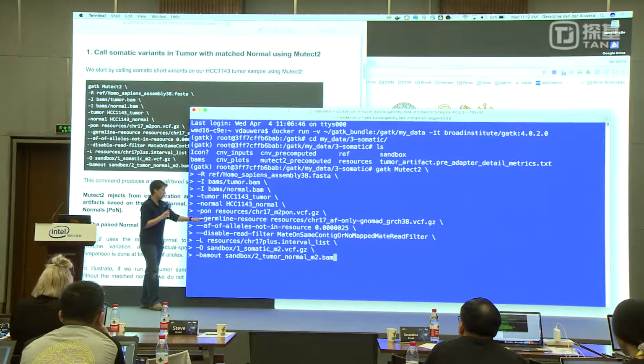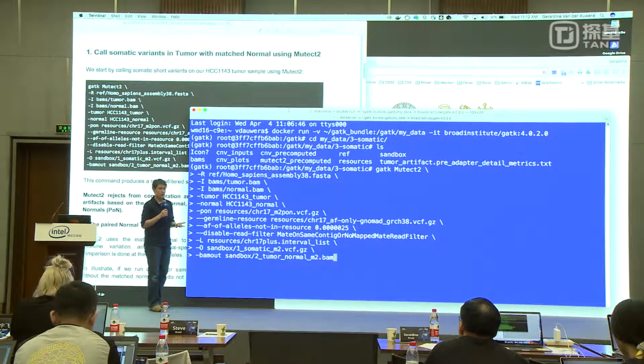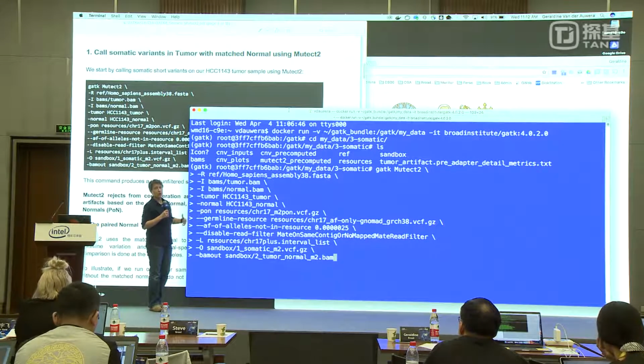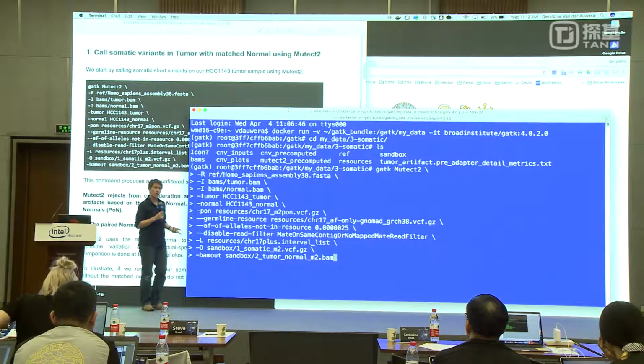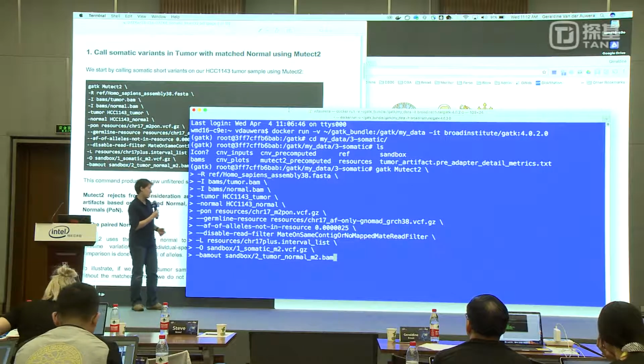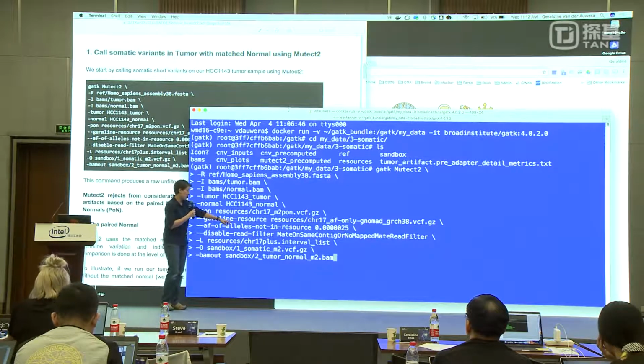This is the resource that contains the population allele frequencies that we're going to use to weigh the evidence, weigh the probability that when we observe something variant in the tumor, we're going to use this, in addition to the matched normal, to help us figure out if it might, in fact, be a germline variant that is just not well observed in our matched normal, but is actually a germline variant that should be discounted from our somatic call set. Okay, so that's the germline resource.